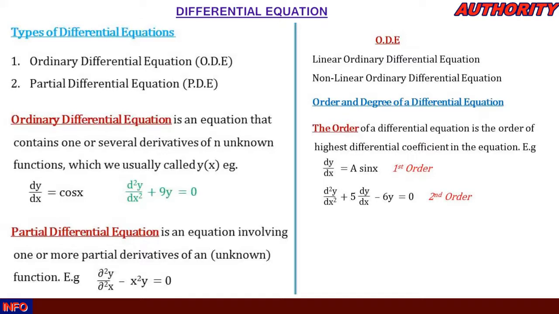We have d squared y all over dx squared plus 5 dy all over dx minus 6y. You see here we have a first derivative and a second derivative. So what is the highest derivative here? It is 2, the second derivative. So we can simply say that the order of this differential equation is 2. You get it, right?